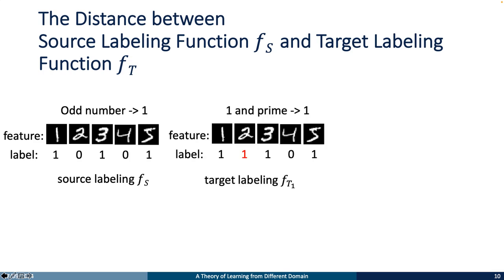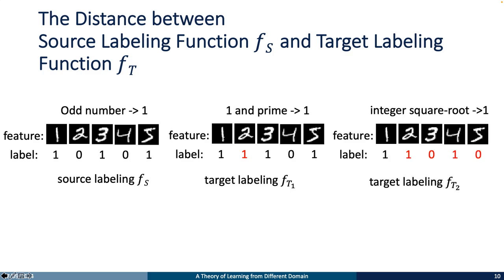In the second case, the labeling function in the first target domain ft1 labels the digit 1 and prime numbers as 1, while others are labeled as 0. In the third case, the labeling function in the second target domain ft2 labels numbers with an integer square root as 1 and the rest as 0.